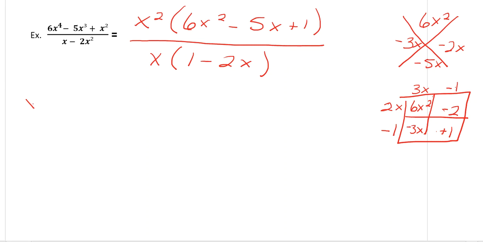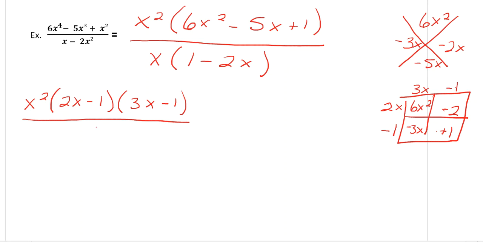So now let's write out the complete factored form of both the numerator and denominator. And I am seeing that I have a 2x minus 1 in my numerator, and I have almost that same thing in the denominator, except they're switched around. I hope you recognize that this is that negative 1 trick that is needed.